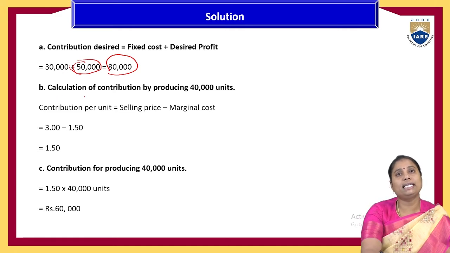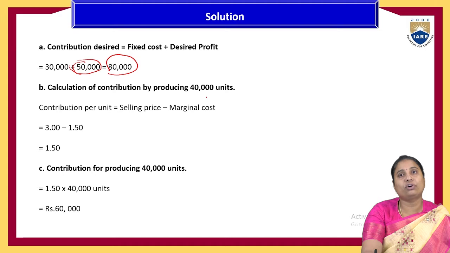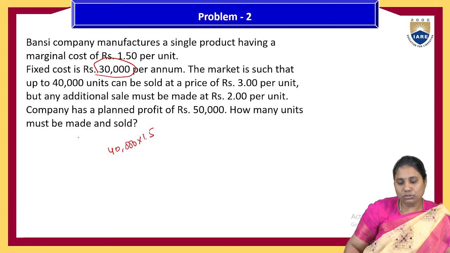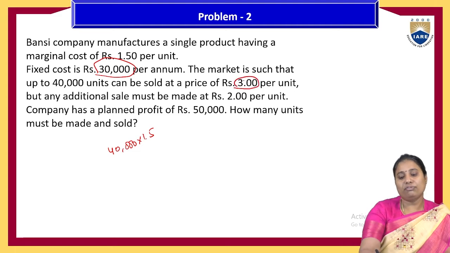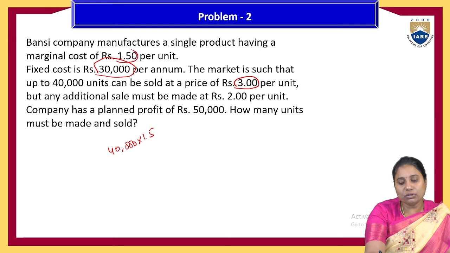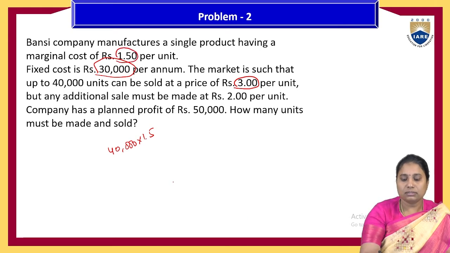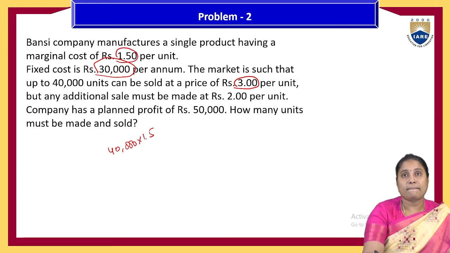Then we calculate the contribution by producing 40,000 units, which is contribution per unit, that is selling price of each unit minus marginal cost. The selling price of each unit is given as 3 rupees, out of which the expenditure incurred on that product is 1.5 rupees.